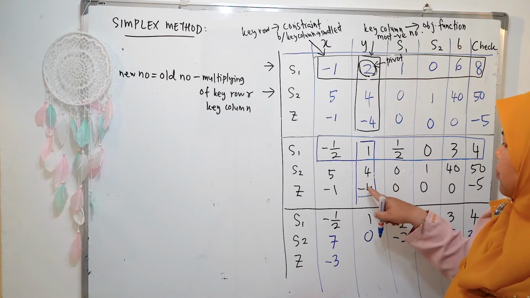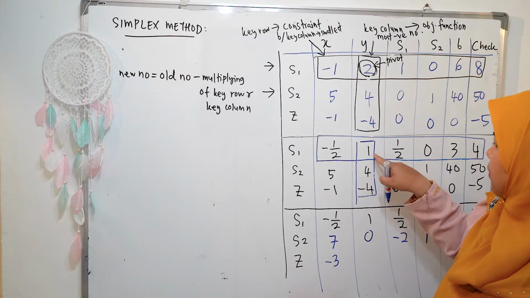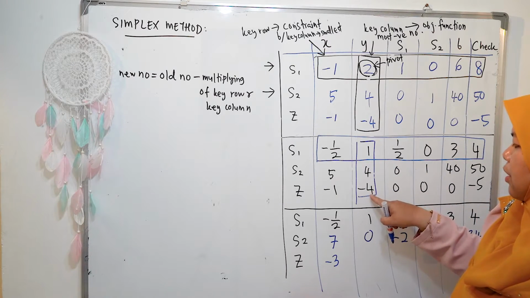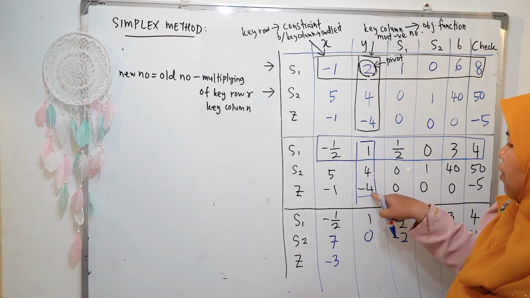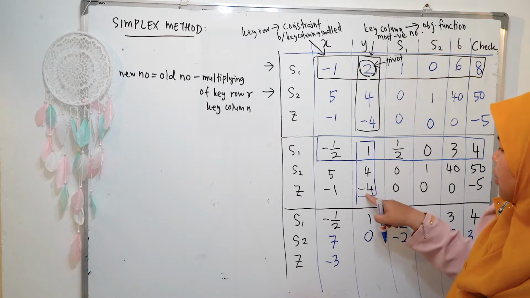Okay, continue. Negative 4 minus 1 times negative 4.